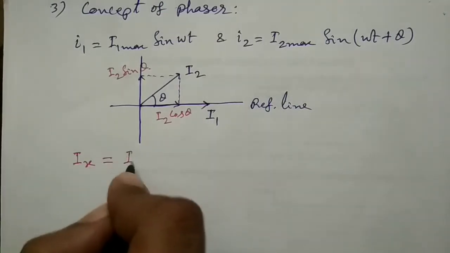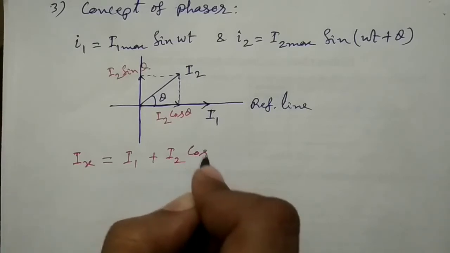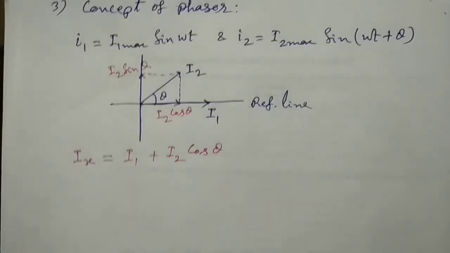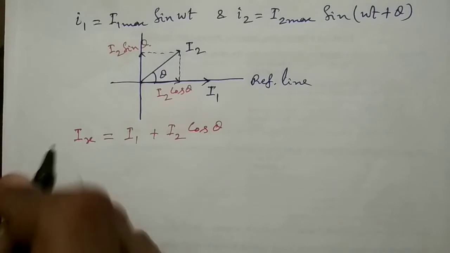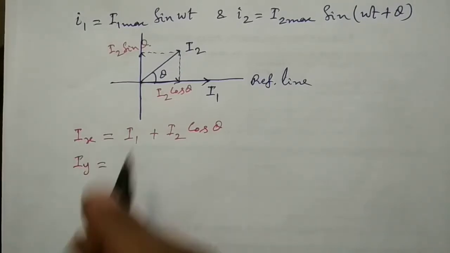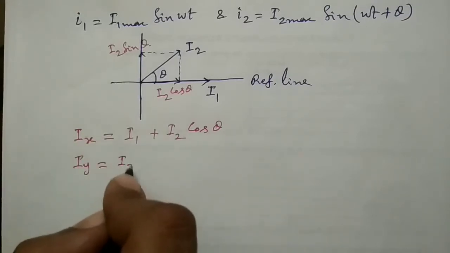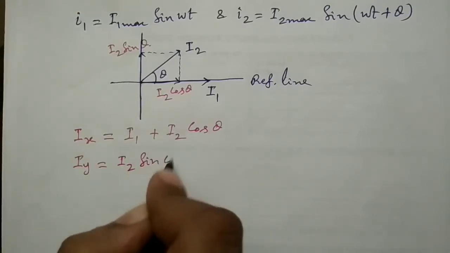So it is I1 plus I2 cos theta. And similarly, we will find the total y components. In this case, we have only I2 sin theta. So it will be I2 sin theta.